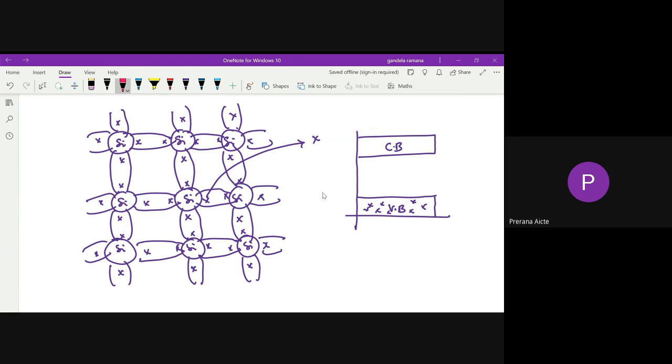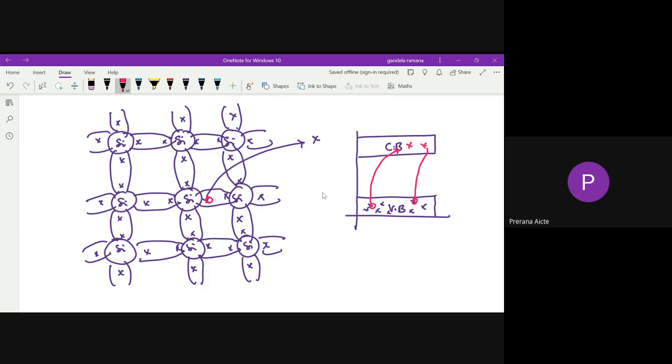When we give some energy, this electron will jump from the valency band to the conduction band, and that will become a free electron, and a hole will be created.